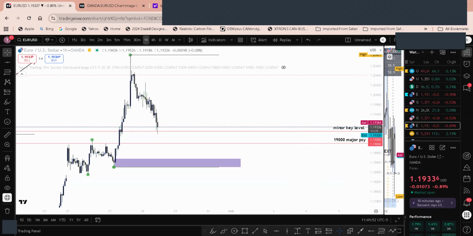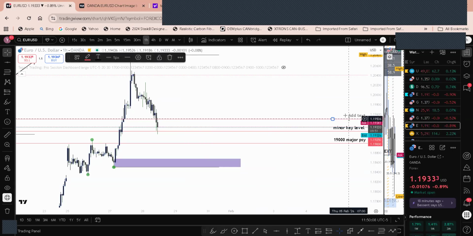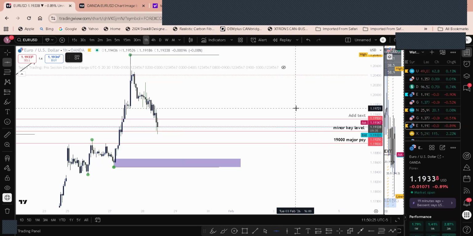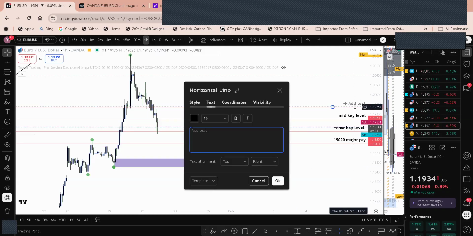Then if you go at 500, somewhere here, that's called a mid key level or psychological level or whatever you want to call it. And now if you go to 750, 750 will be somewhere here. That's also a minor level.